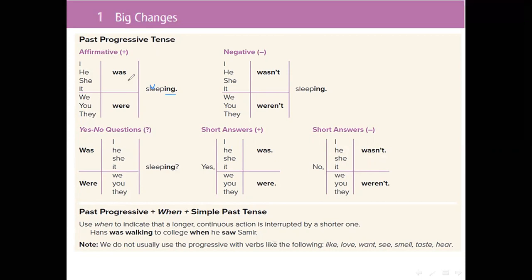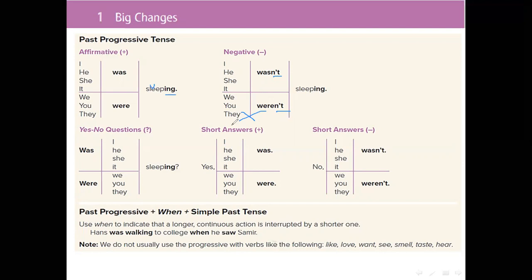How to change the sentence into negative in the past progressive tense? By adding not after was or were. I wasn't sleeping, he wasn't sleeping, they weren't sleeping. To make a yes or no question, we should change the order between the helping verb, the auxiliary verb, and the subject.